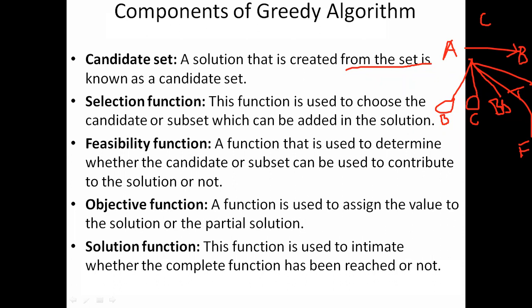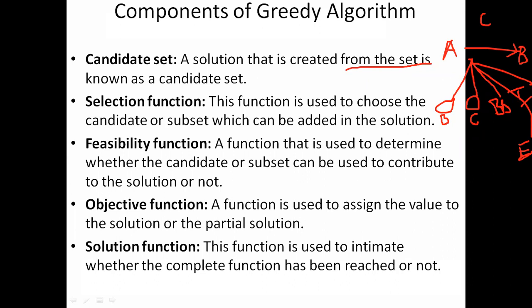What is the selection function? This function is used to choose the candidate or subset which can be added to the solution. From that set, if you want minimum cost and to reach the place fast, you may choose either train or flight, the fastest solution with minimum time required. The feasibility function is used to determine the candidate or subset that can contribute to the solution, whether it contributes or not.